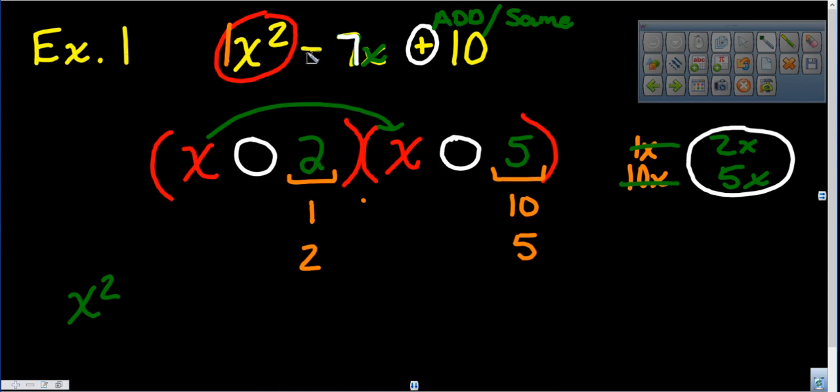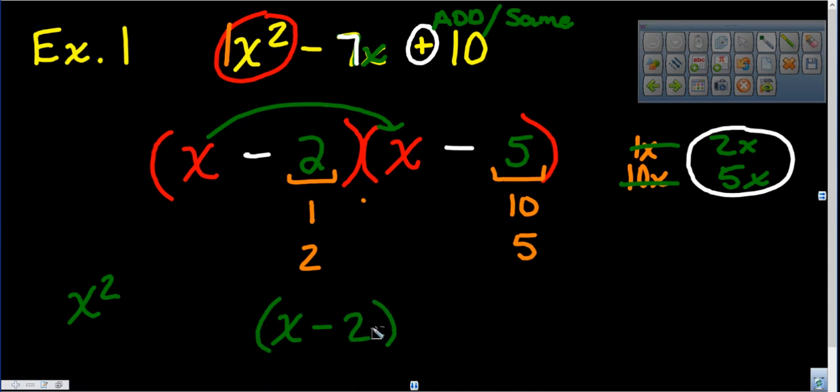And since I'm trying to achieve a negative 7x, then that means they're both going to be a negative sign. Now, it looks a little messy because of my extra notes, but your final answer is this: x minus 2 times x minus 5.